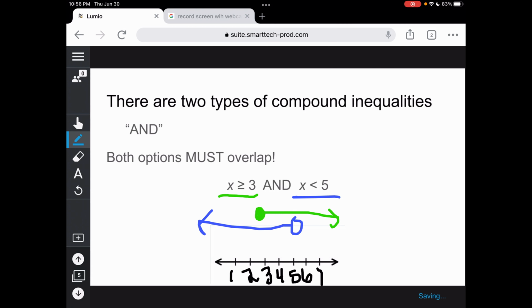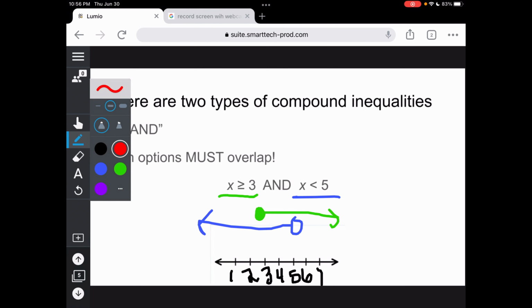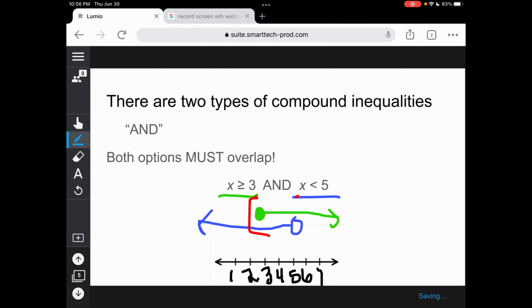So with the ands, what I want is the area where both lines overlap. And they overlap in between 3 and 5, but not including 5.